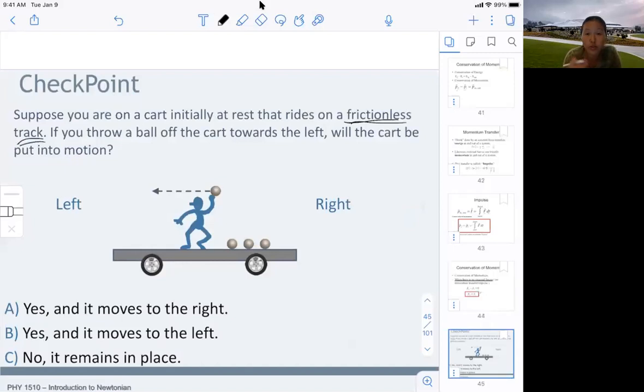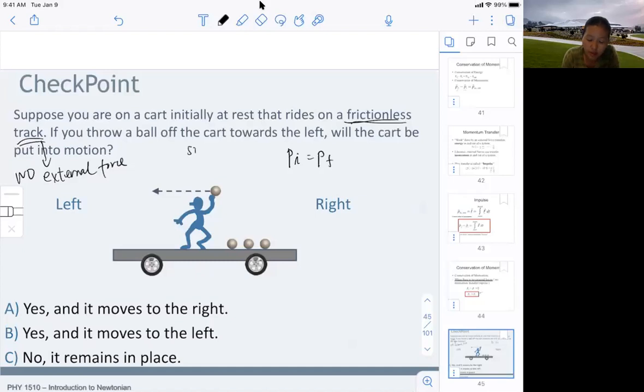So there is no external force on the system, so the momentum of you and the cart will remain constant. Before anything happens, you're just standing there, everything is at rest, right? But then you throw a ball off the cart to the left. Will the cart be put into motion?